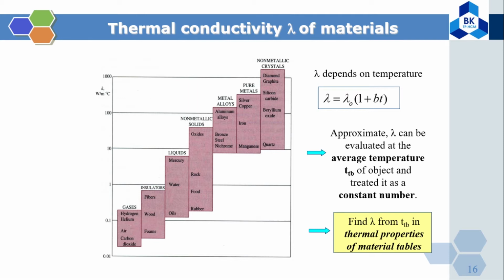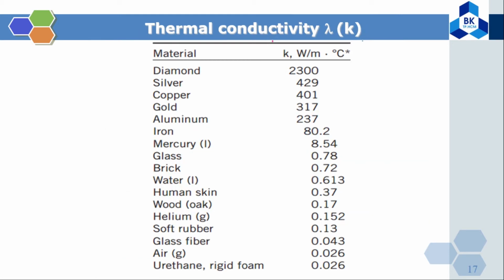That means it's just a tiny fraction compared to diamond crystal. For example, diamond is up to 2,300, copper is about 400, while air is just 0.0224.